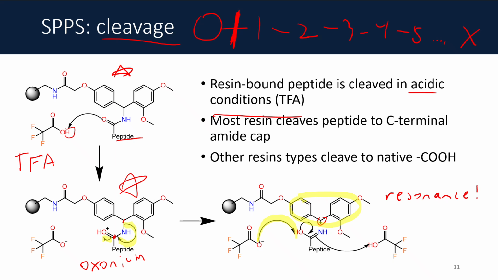And this is going to create an electronic rearrangement that's ultimately more stable, where the electrons that hopped up onto there will fall back down, and these are going to attack another TFA molecule and deprotonate it, giving us the final product, which is going to be a peptide that ends in an amide bond.